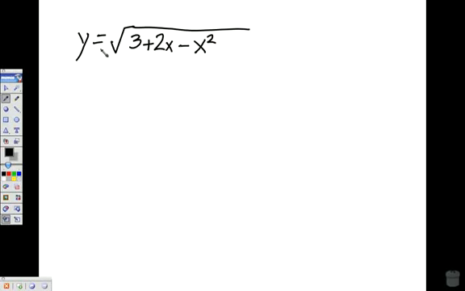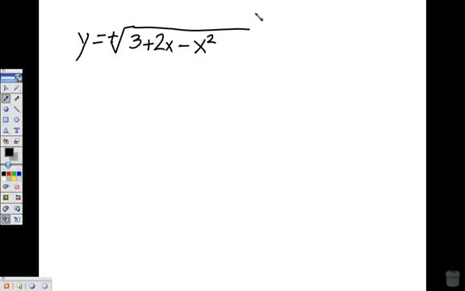We're going to remember that if we take a square root, there's a positive 1 and a negative 1. But if the equation has a square root in it, then it's assumed to be the positive square root. So right away, looking at this equation, we know that y equals the positive square root of this.